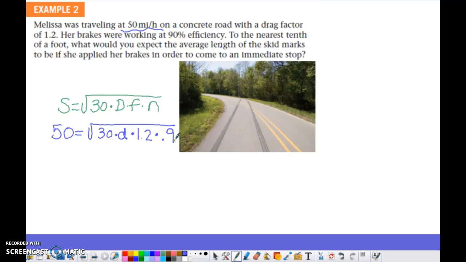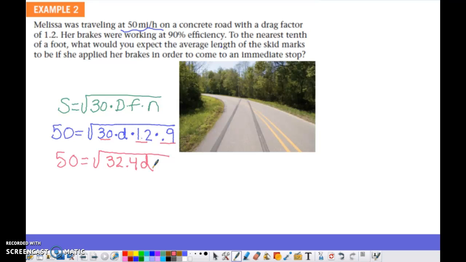I need to solve for D. In order to get D by itself, I'm going to first simplify everything under my square root. So I'm going to take 30 times 1.2 times 0.9 just to simplify it a little bit. When I do that, I get 32.4 D.